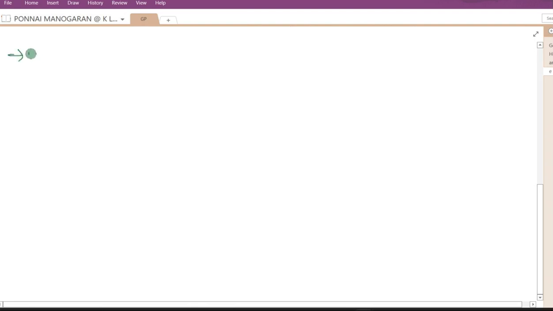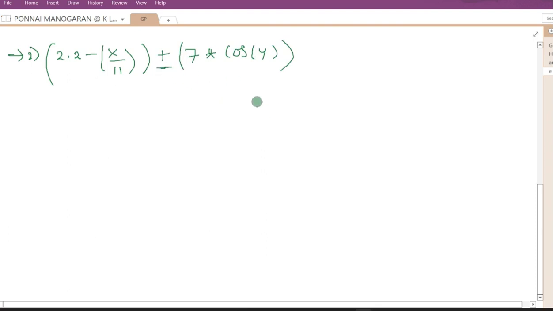So let us take another example. (2.2) minus x by 11 plus... let us see how. You can see this is the root node. This is a tree representation. For this root node, this is the left subtree. For this left subtree, you have another operator, minus.